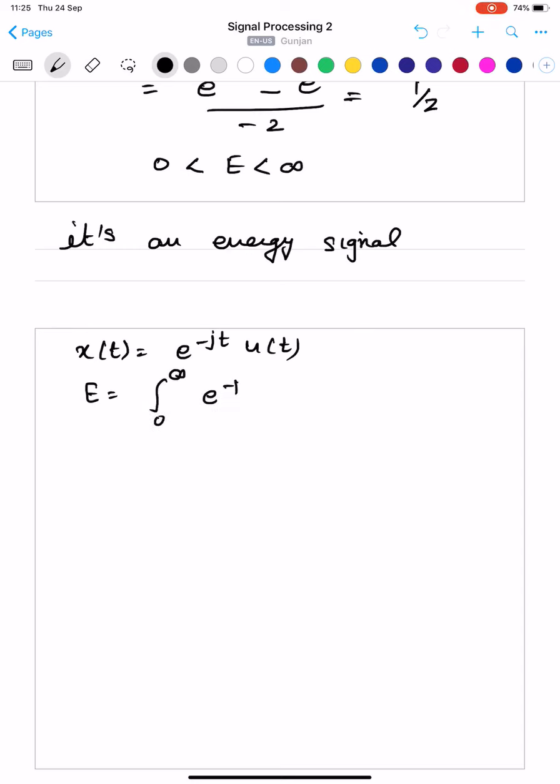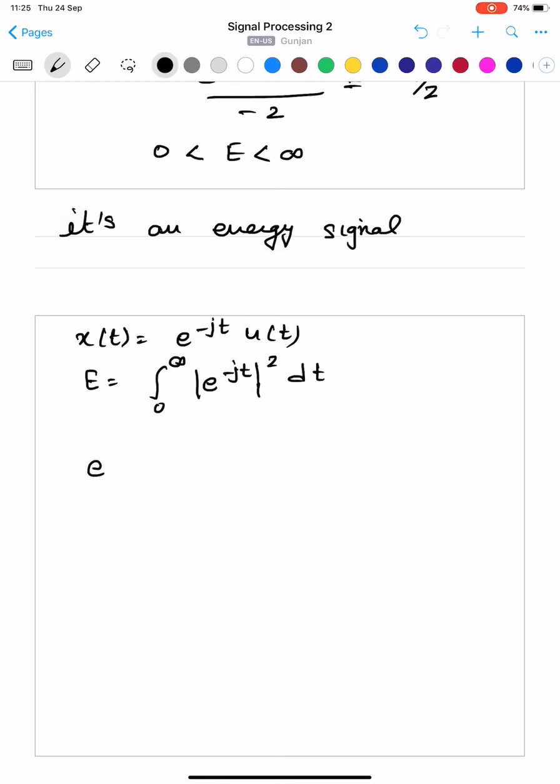So what's left is the mod of e raised to the power minus jt, squared, dt. Remember, you are not going to open the square; you have to take the mod first and then square it. So if you remember, what's the mod of e raised to the power j theta?